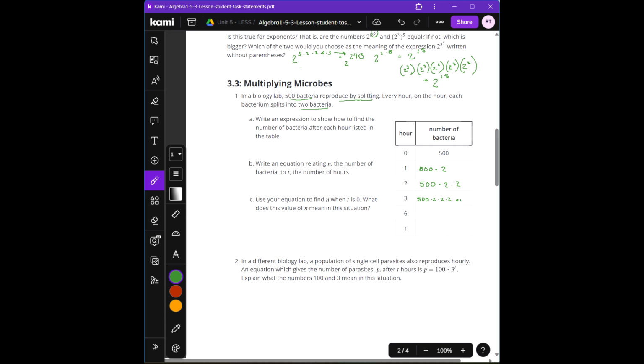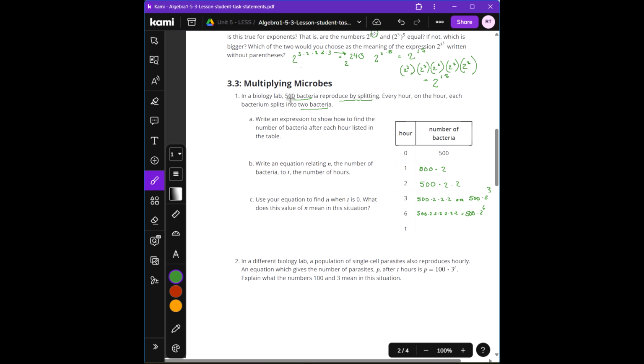Or 500 times 2 to the third. Okay, the next one would be 500 times 2 times 2 times 2 times 2 times 2 times 2, which is equal to 500 times 2 to the sixth.